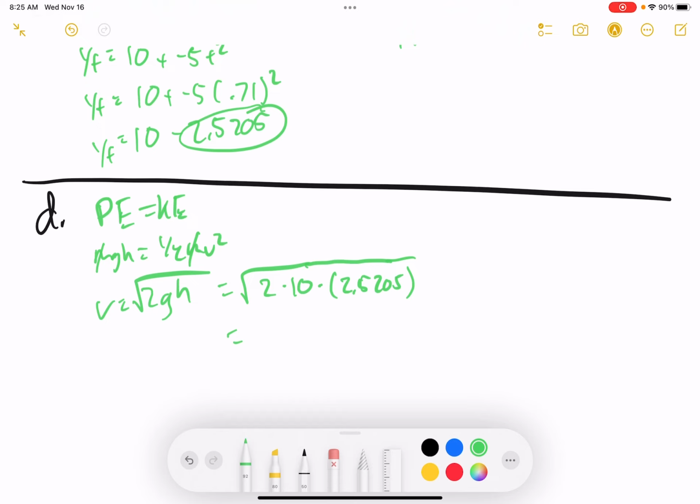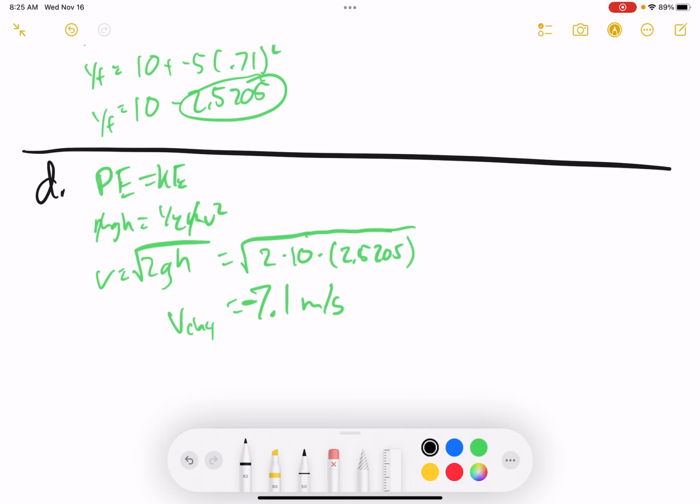And so we can go ahead and multiply that out. Take the square root. And we get 7.1 meters per second, okay? And this is going to be down, so I need to put that negative sign here. So I'll say velocity of clay is equal to negative 7.1 meters per second, okay?